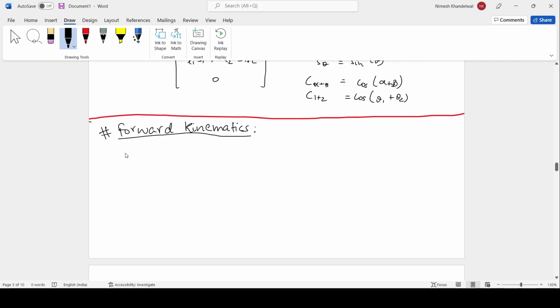So the whole point of forward kinematics is that there is a robot, and there is a base frame to which the robot is attached, and then there is an end effector, or the tool, and you are interested in manipulating this tool. Let's say the position of this tool is given by x and y in this Cartesian plane.